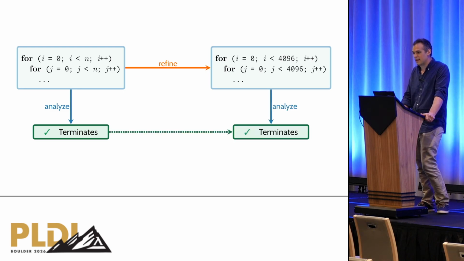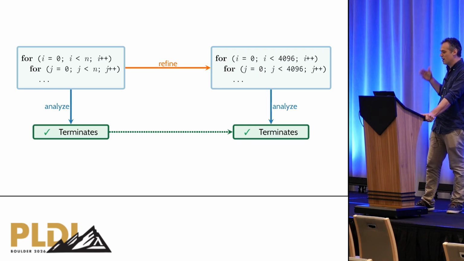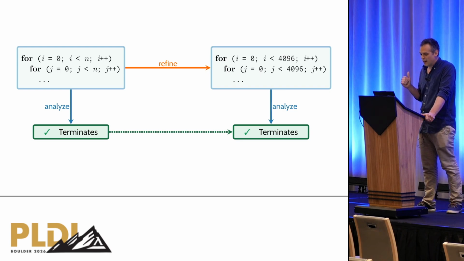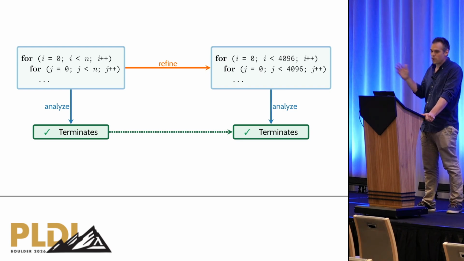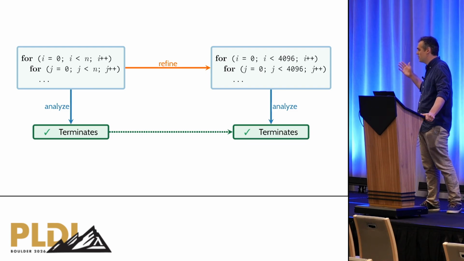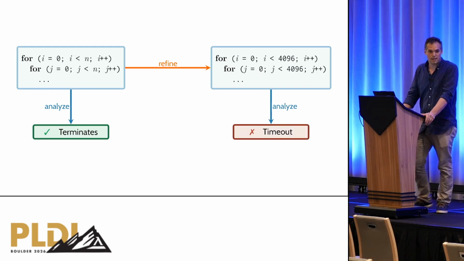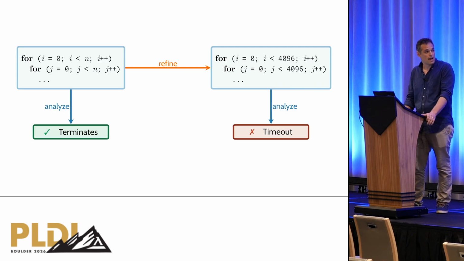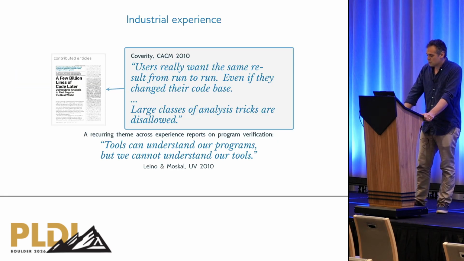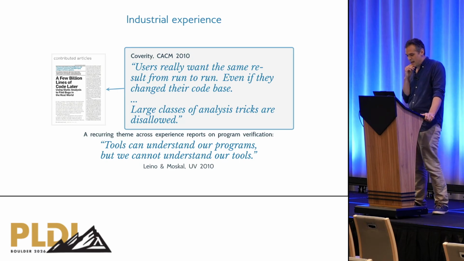We'll analyze it again, and our expectation is that, of course, we should be able to prove termination of the program on the right, because to prove termination of the program on the left, we must have proved termination for all values of n. Certainly, we can prove it for 4096, but unfortunately, Ultimate Automizer is going to time out after 15 minutes. So these are perhaps toy examples, but it's a real phenomenon.